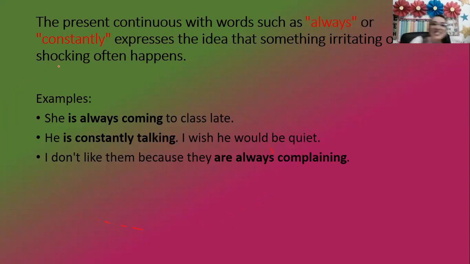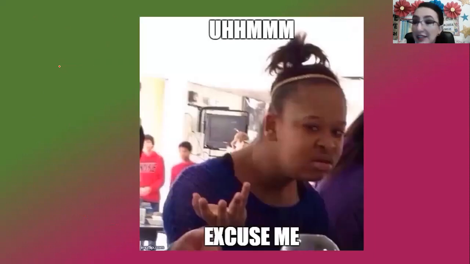For example, she's always coming to class late, or he's constantly talking. I wish he could be quiet, or I don't like them because they are always complaining about their lives. That is when you can be using this present progressive with the words always or constantly, when something irritating and shocking often happens to you.